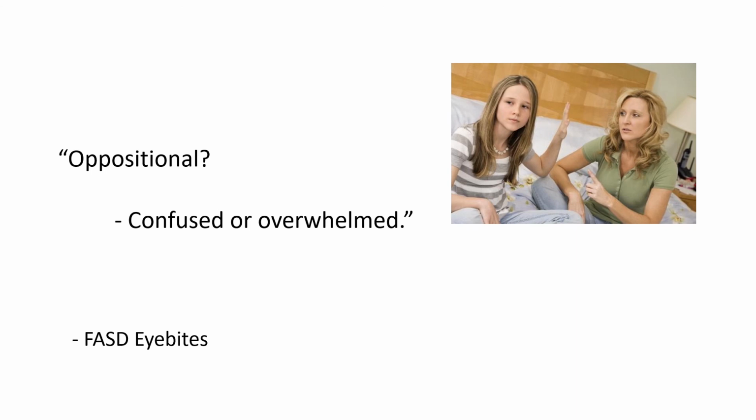If they're being oppositional, it may not be something personally against you. It could be that they're confused right now, or their brain is overloaded, or they feel very overwhelmed, and moving forward is very difficult for them, and so they might act out. We want to keep that in mind. Instead of saying that someone's oppositional, it could be that in this particular situation they need support.